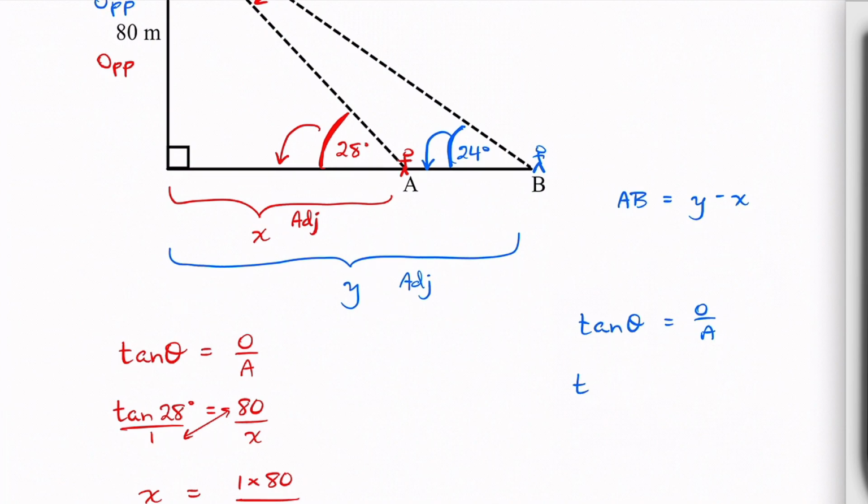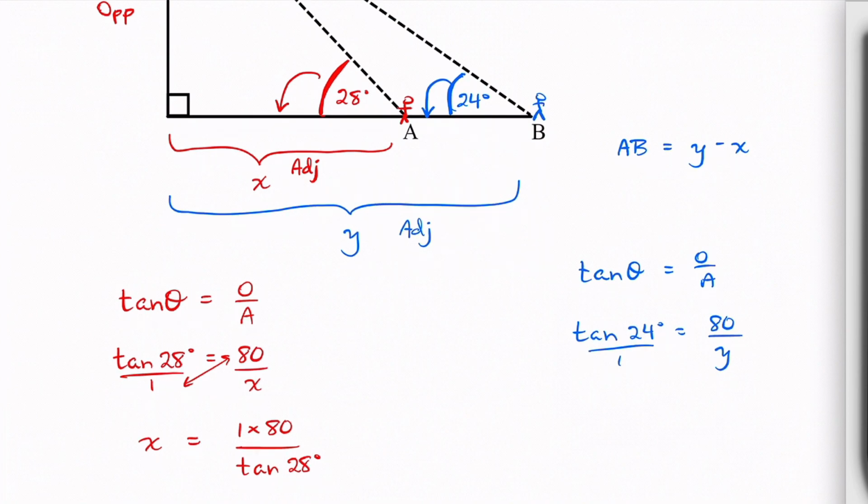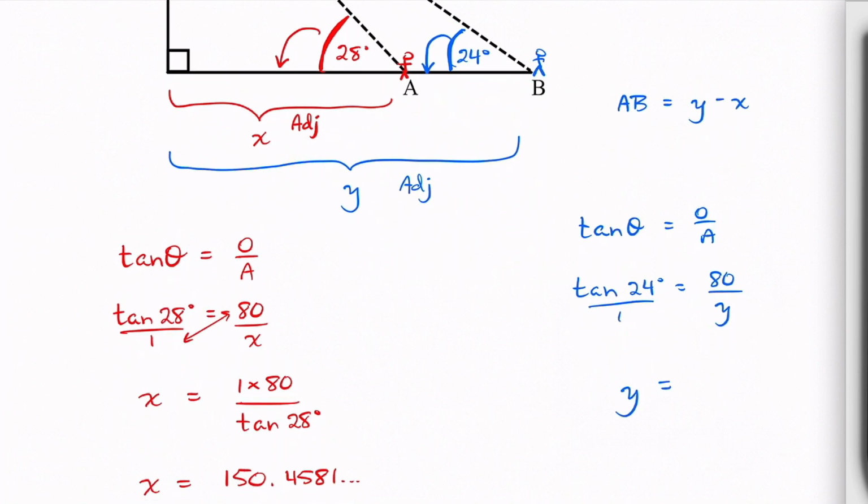Then we'll fill it in: tan of 24 degrees equals opposite 80 over adjacent y. Then put this over 1, cross multiply and divide. So 1 times 80. It's basically the same calculation as what we did in red already, just the angle is now different.